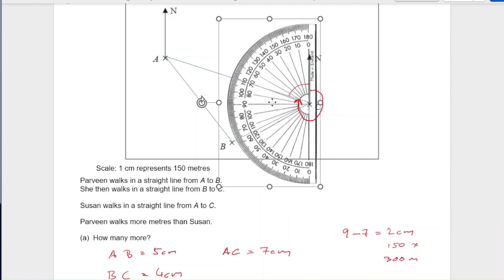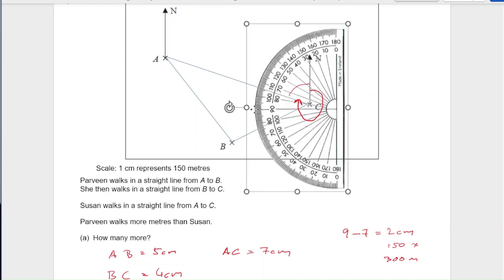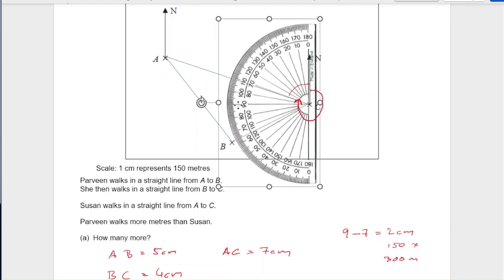Let's just put that a bit more accurately. A little bit better.